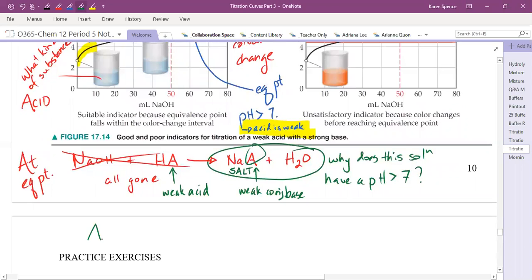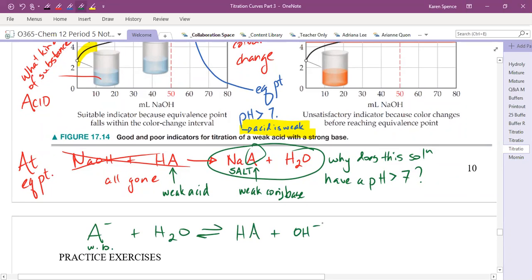So we would have A minus, which is a weak base. It would react with the water, and we would end up with HA plus OH minus.